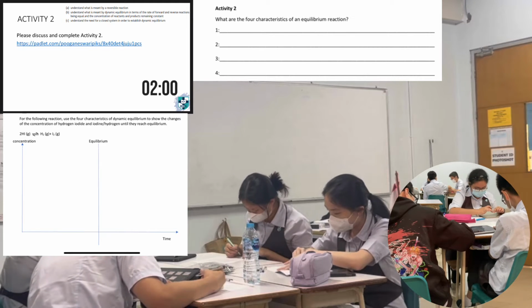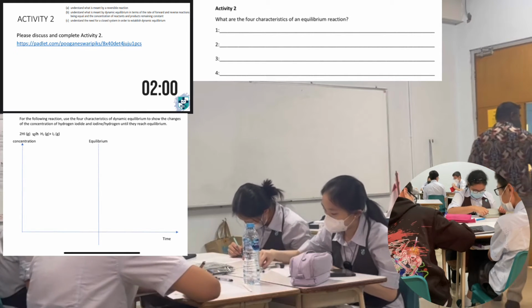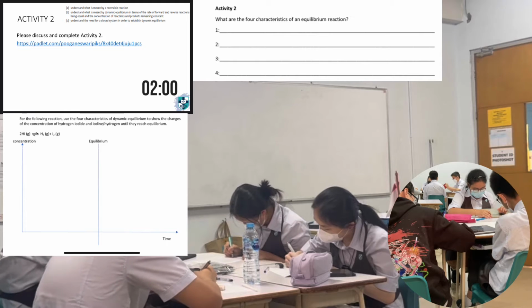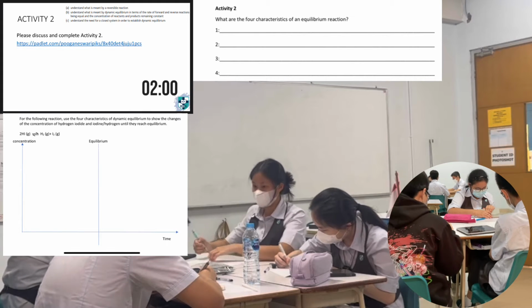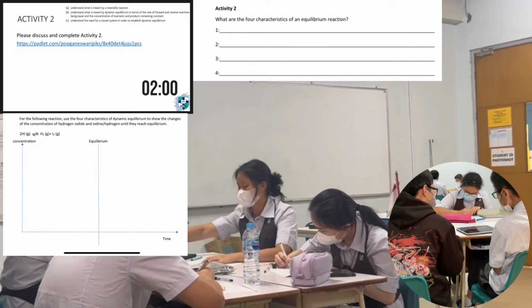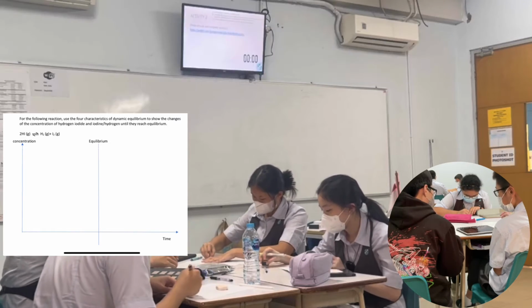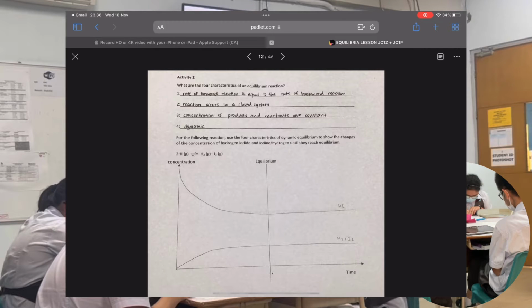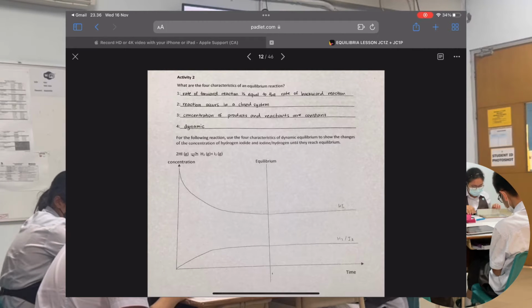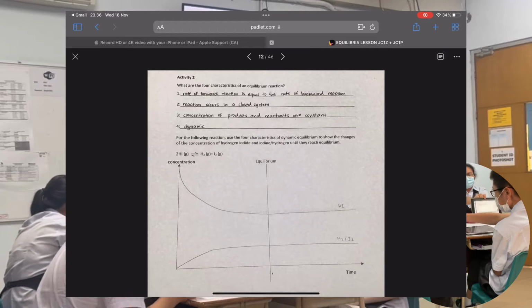Okay, draw. Now the time is up. Whatever decrease there is from here to here, it will become half, 2 to 1. So it will be a small amount. They will increase from 0, because at the beginning there is no H2.